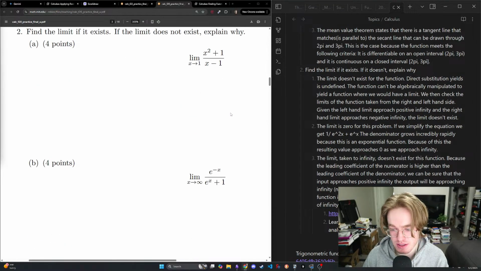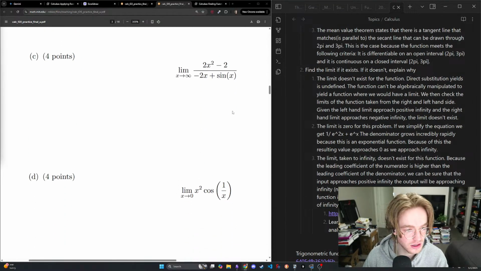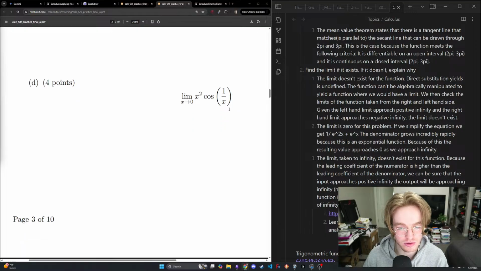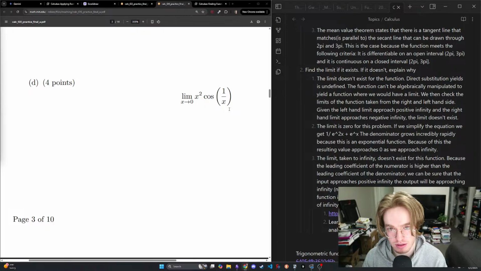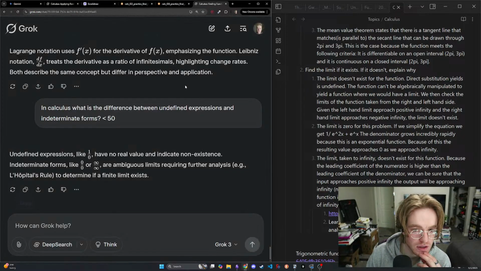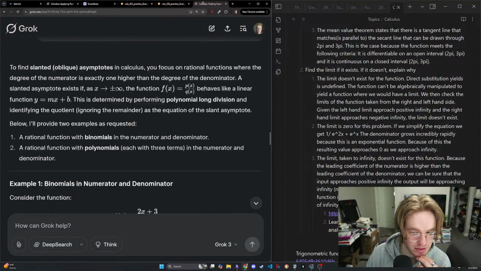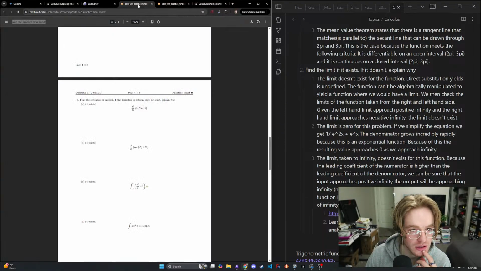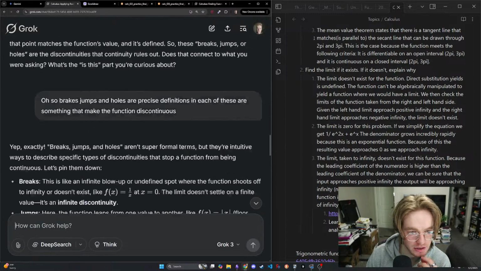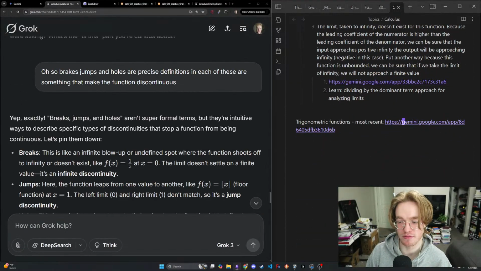Find the limit if it exists. So we're at 4. Yeah, I think I need to spend some time on the trigonometric functions. And I feel like I actually did spend some time. Oh, maybe I closed that one out. But we do have this.